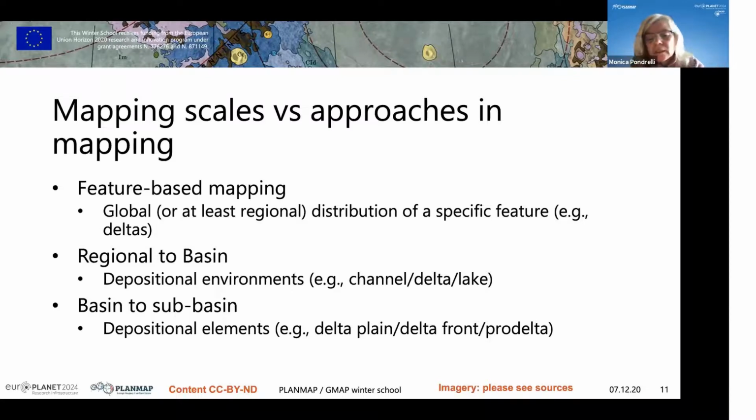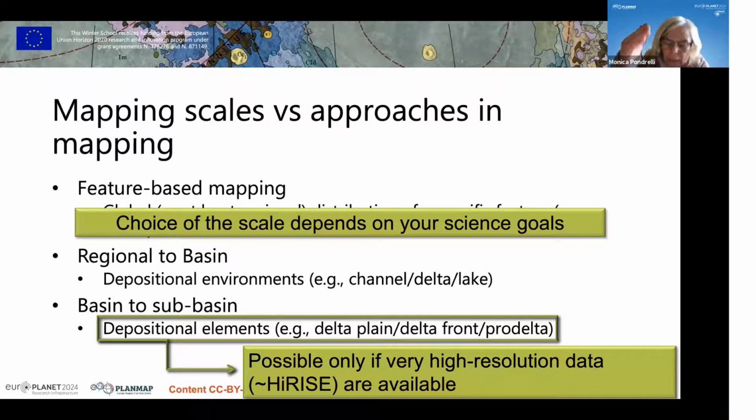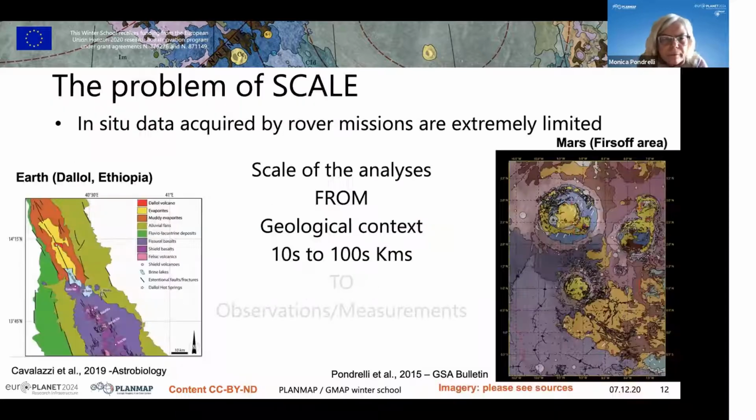For example, in a delta, distinguish between delta plain, delta front, and prodelta. Needless to say, this last kind of mapping is possible only if we have high resolution data available, HiRISE, generally speaking. Otherwise, it's impossible. There is no one good way of mapping. It depends on our science goal.